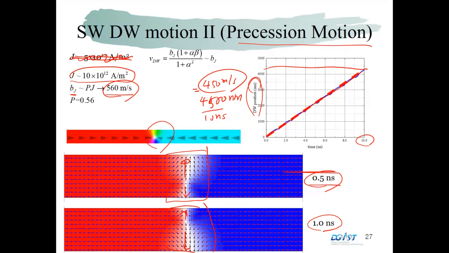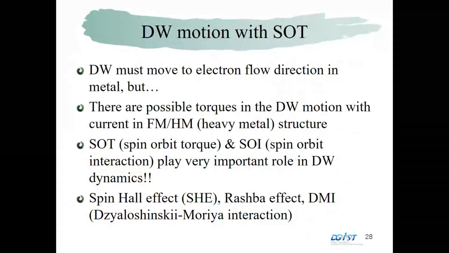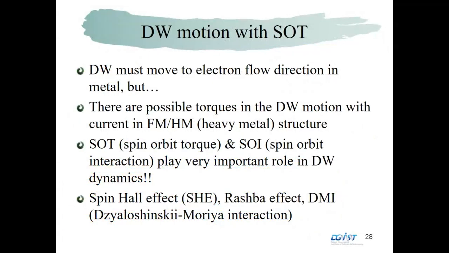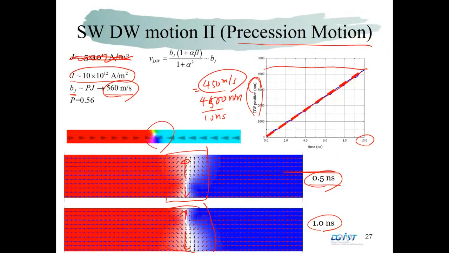So as I already mentioned, the domain wall can be moved by the spin transfer torque. So we can make domain wall motion devices. Actually, this is the last page for the spin transfer torque domain wall motion, so it's a good time to get some questions.